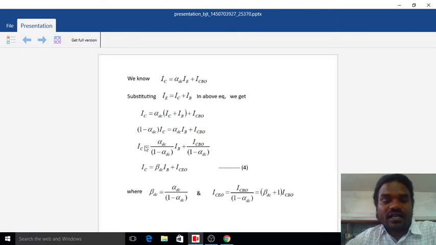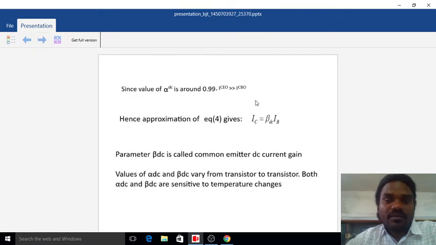So we can write here beta DC is equals to alpha by 1 minus alpha DC, and ICEO is equals to ICBO by 1 minus alpha DC, or you can write in another form, that is beta plus 1 into ICBO, and likewise we can go to the various forms of the collector current of a common base configuration.